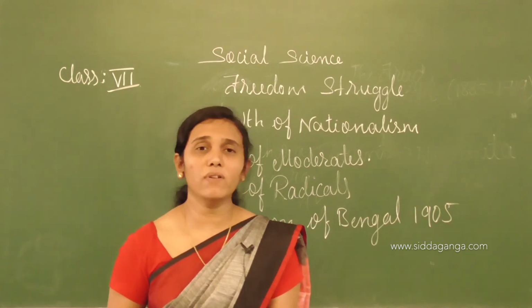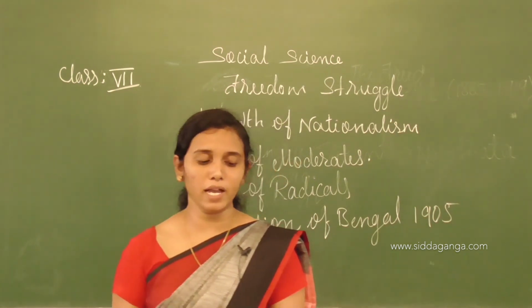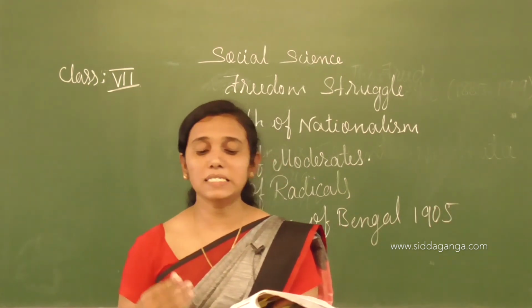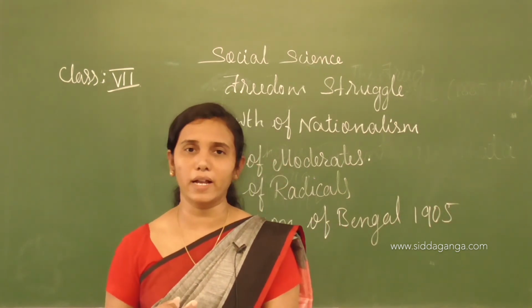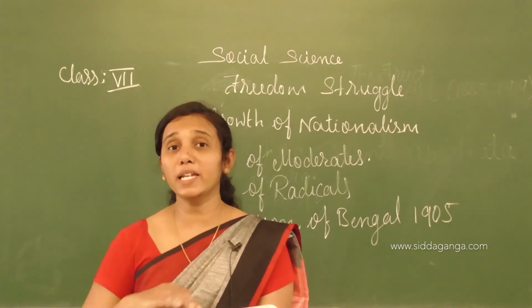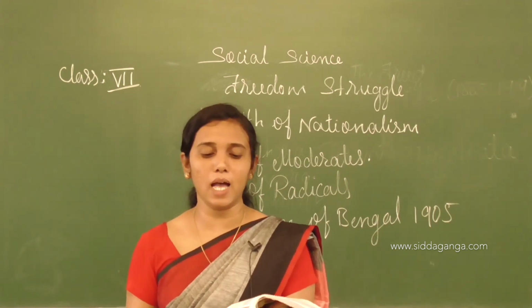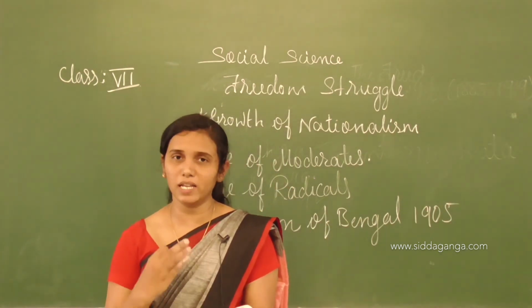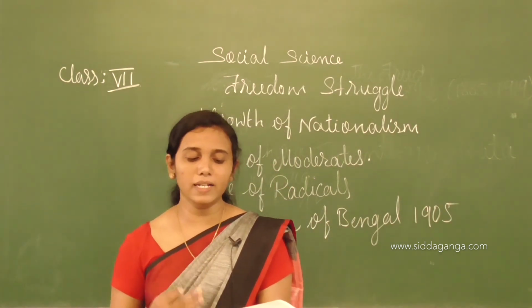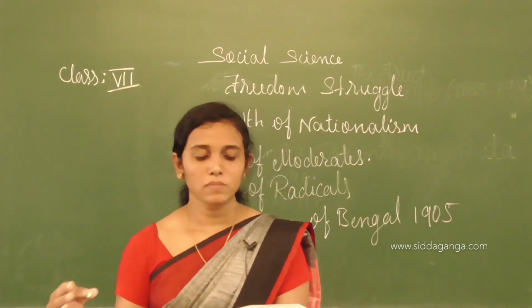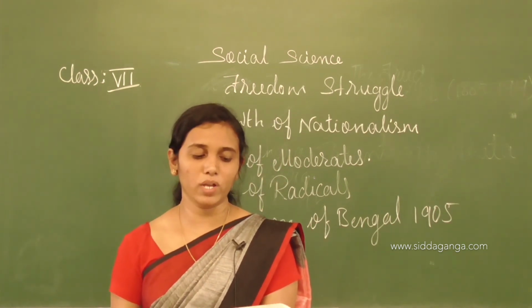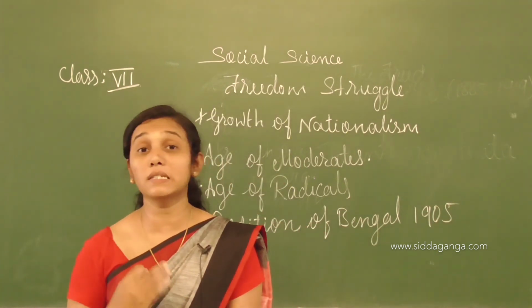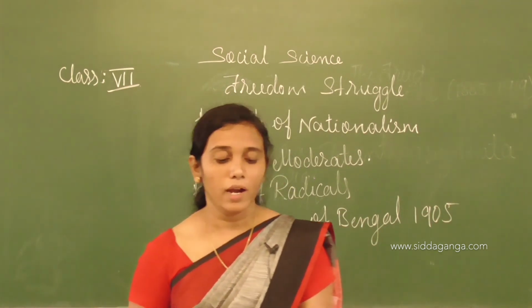Then the Jallianwala Bagh massacre happened in 1919. No sooner did Gandhiji start satyagraha against the Rowlatt Act, agitations began in various parts of Punjab. On 13th April 1919, a meeting was held in Jallianwala Bagh garden, a little distance away from the Golden Temple in Amritsar. The intention was to demonstrate against the arrest of their leaders Dr. Saifuddin Kitchlew and Dr. Satyapal.